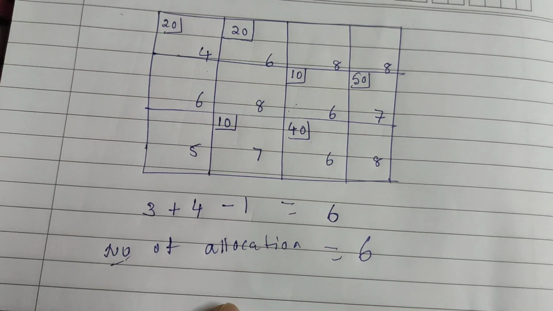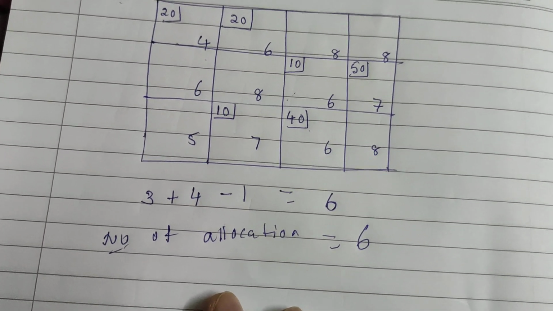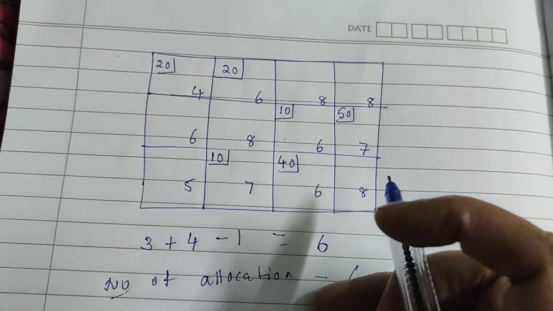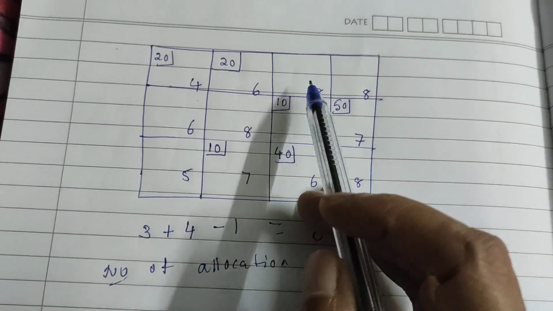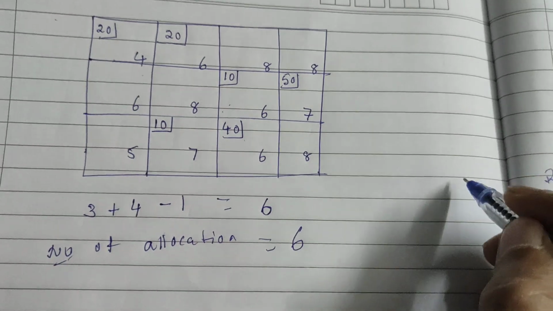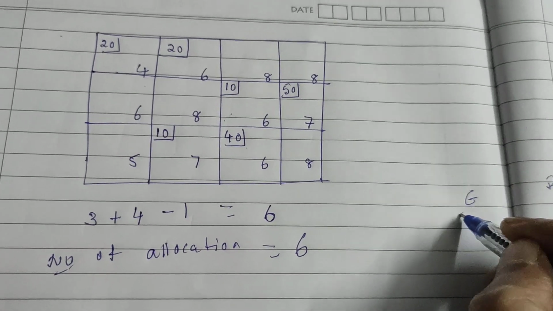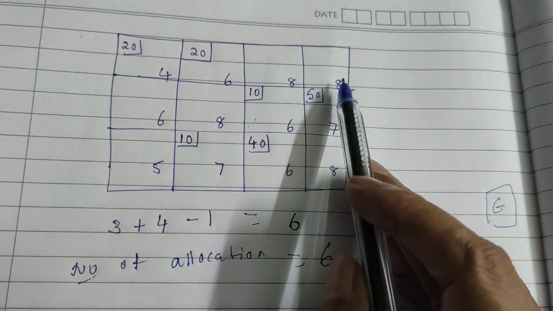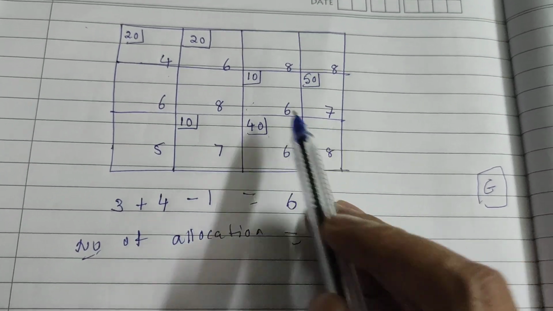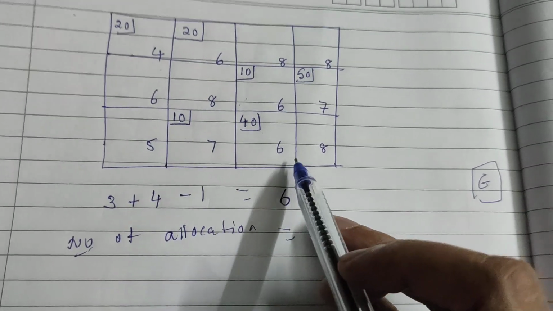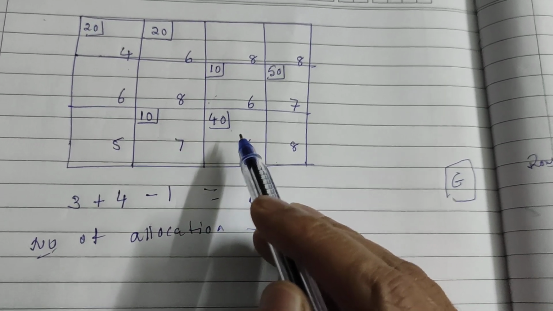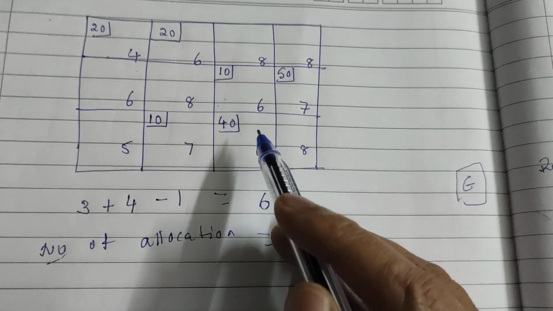If the number of rows plus columns minus 1 is not equal to the number of allocations, we introduce a least cost epsilon for unoccupied cells to make a balance.